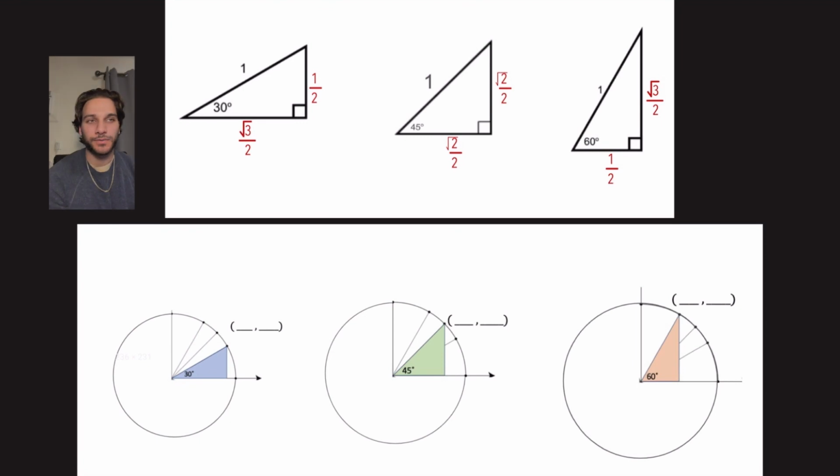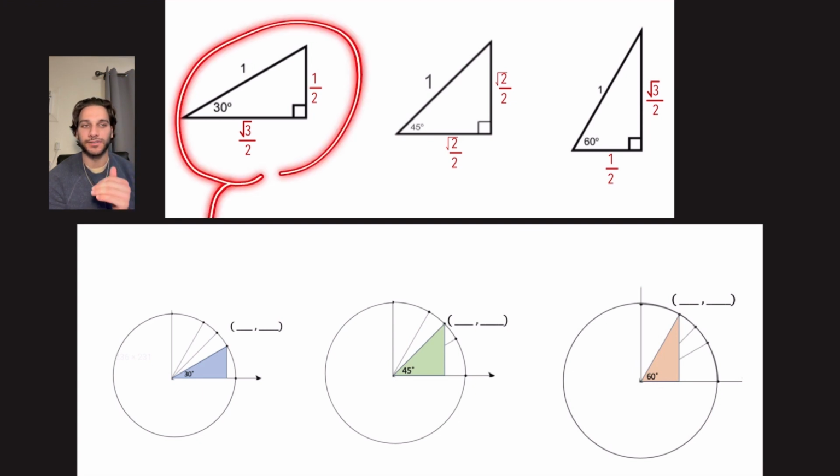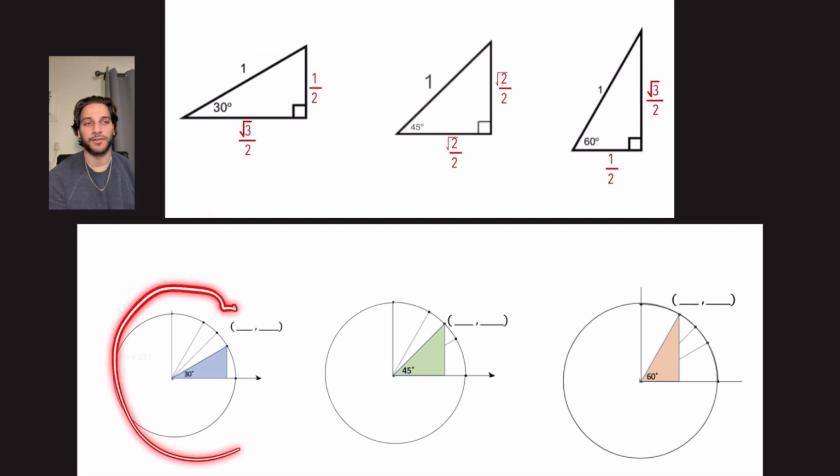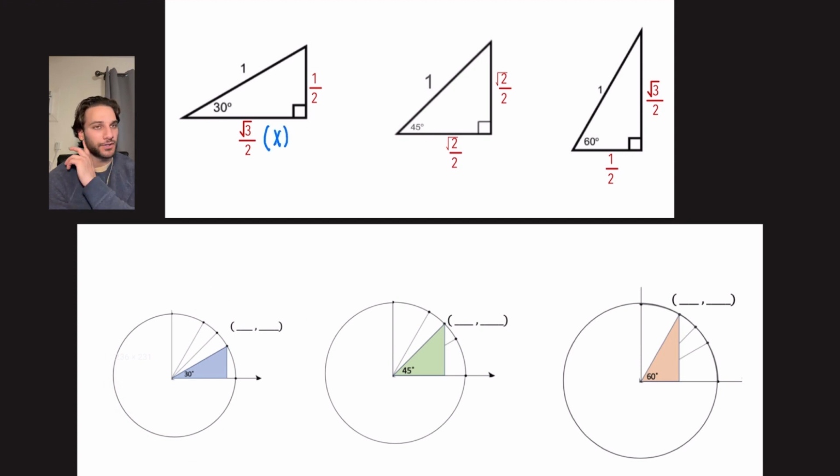Now you can see why it was so important for us to find those values initially, because it allows us to find the values for each of these 3 triangles when they're graphed on the unit circle. So each one's going to match up with 1. And remember, our base length is our x value, so base is going to be the x. The height is going to be your y value.